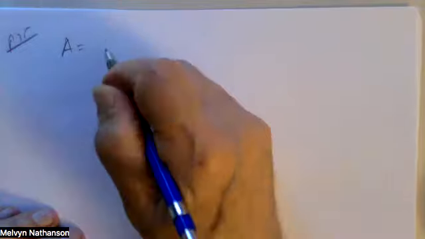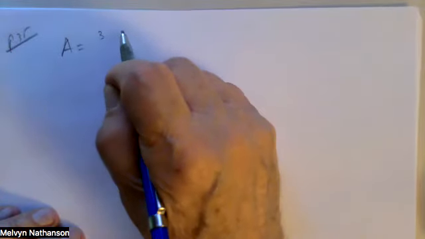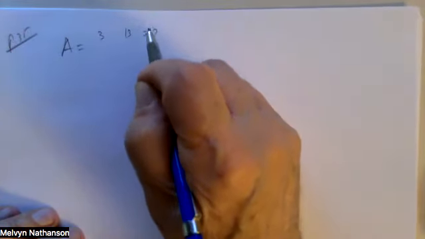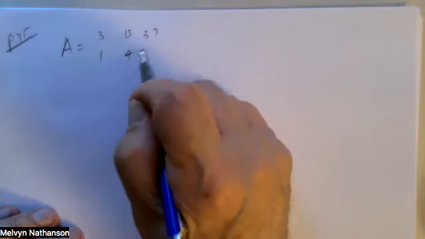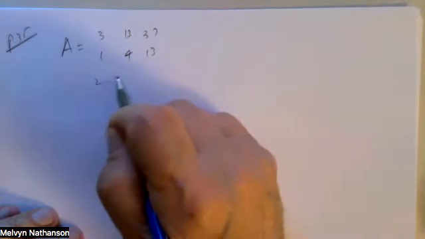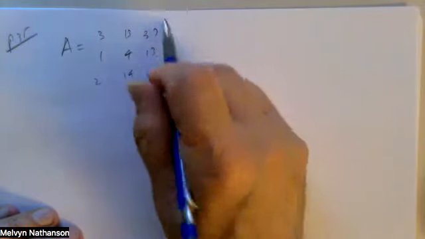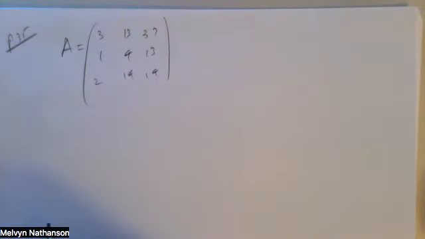So let's look at an example. This is an example in the text on page 35. I have a 3 by 3 matrix: 3, 13, 37; 1, 4, 13; 2, 14, 14. And I want to put this in reduced row echelon form.